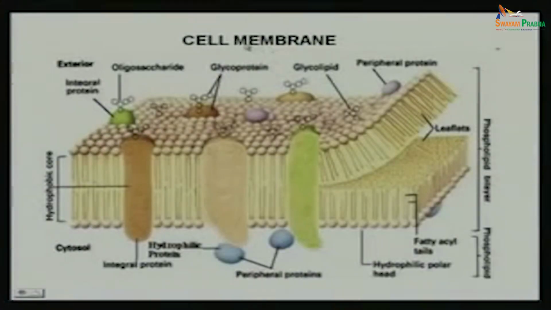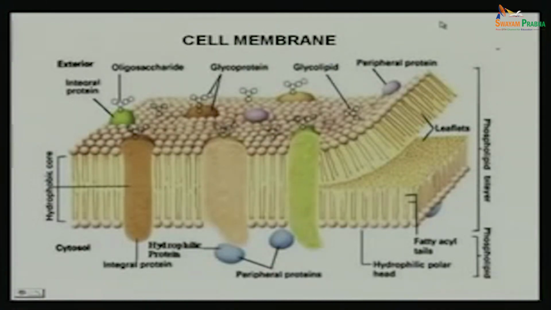Now, coming to the cell membrane. Below the cell wall is the cell membrane. When we talk about the cell membrane, we need knowledge of another macromolecule present in it, the lipid.